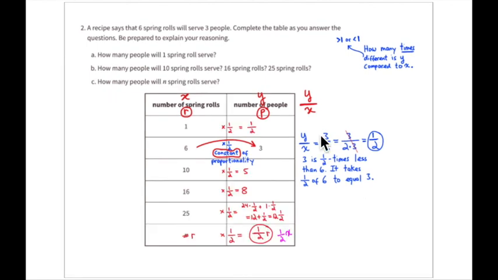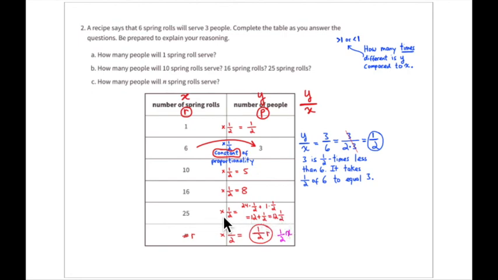So now once you've identified the constant of proportionality as 1/2, then you can use it up and down this table. 1 times 1/2 is 1/2. So if you have 1 spring roll, you can serve half a person. 6 spring rolls, 3 people, 10 spring rolls, 5 people, 16 spring rolls, 8 people, 25 spring rolls is 12.5.